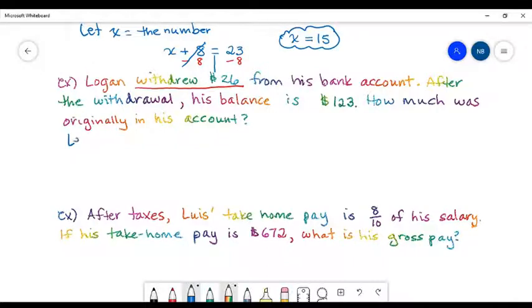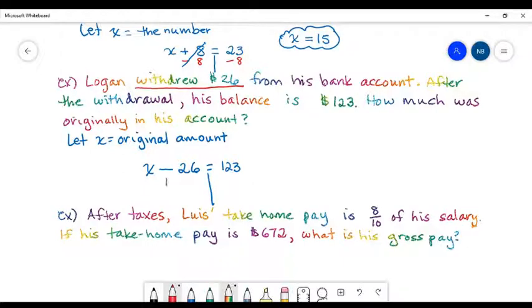So we're going to let X equal the original amount. What did he do to the original amount? Well, he withdrew, he took away $26. And now his balance is $123.